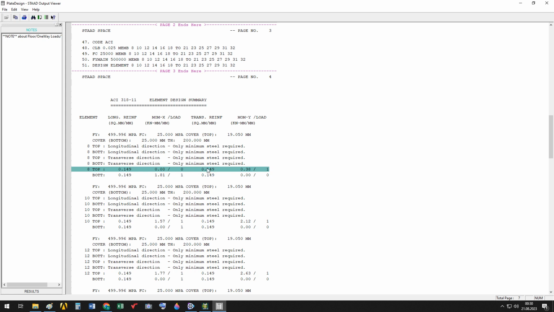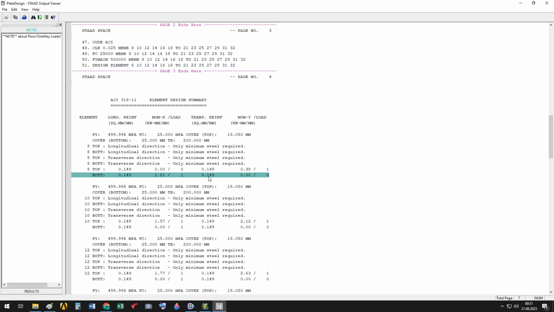Okay. So I think there is a load in every direction because we have just one load and it has the identification number 1. Since this value is 0, the program puts 0 here. I think that should be 1 also. So at the bottom in the longitudinal direction, we have a reinforcement area so much, and the mx moment value is that because of load 1.